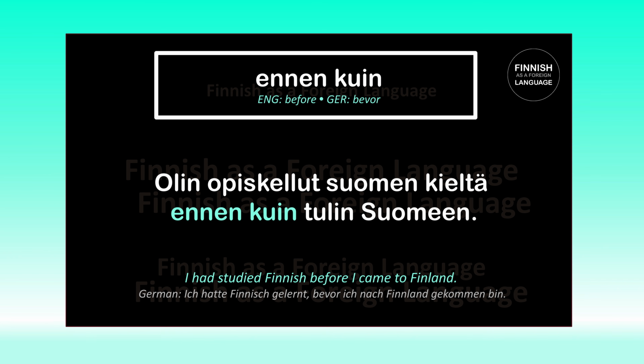Tulin means I came. It's the first person singular past tense of tulla, which means to come, and Suomeen means to Finland, illative case of Suomi. So here our so-called linking pair is ennen kuin, which means before. So this is another way to connect a sentence. Let's repeat again. Olin opiskellut suomen kieltä ennen kuin tulin Suomeen. I had studied Finnish before I came to Finland.